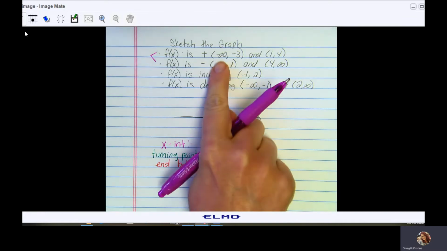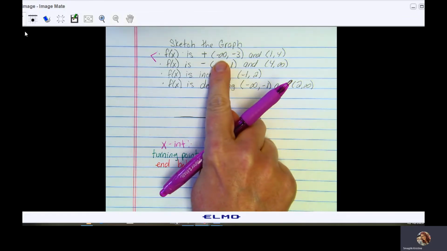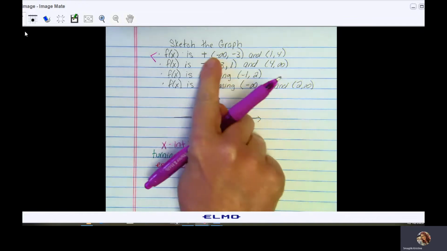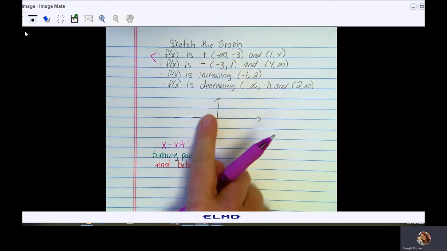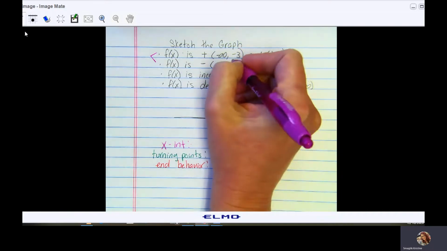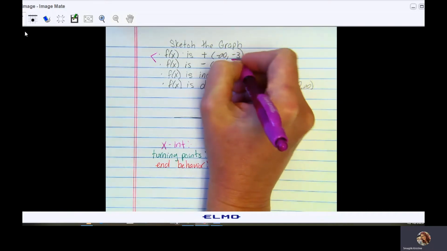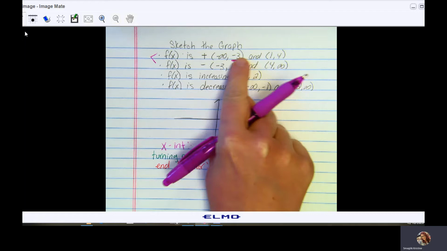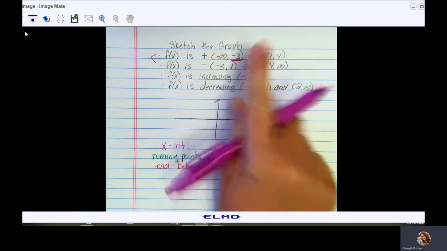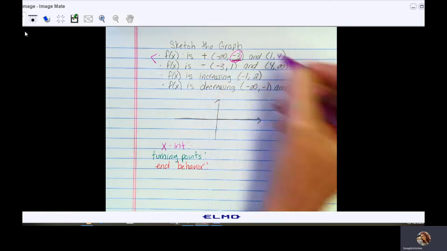So from negative infinity, my graph is above here. And then at -3, it's going to switch. So -3, if it's switching, that's where it's ending, where the positive interval is ending. That means that has to be an x-intercept. So here we're going to have -3.